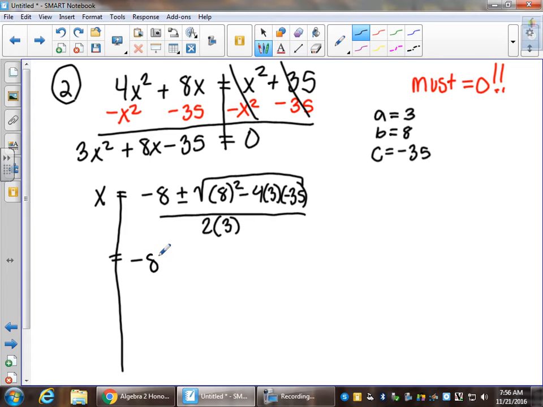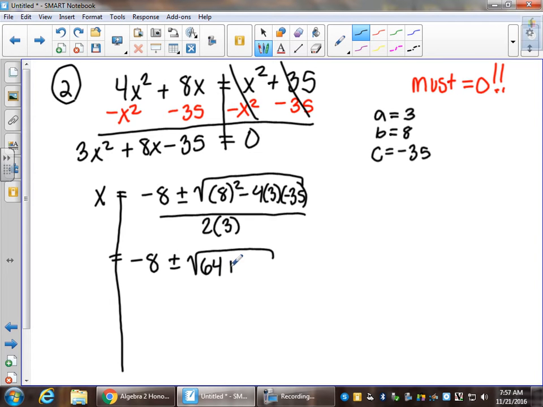The -b will stay. Plus or minus, let's get to simplifying. 8 squared is 64. Observe your signs first. I have two negatives and a positive. So negative times a negative is a positive, times a positive is a positive.